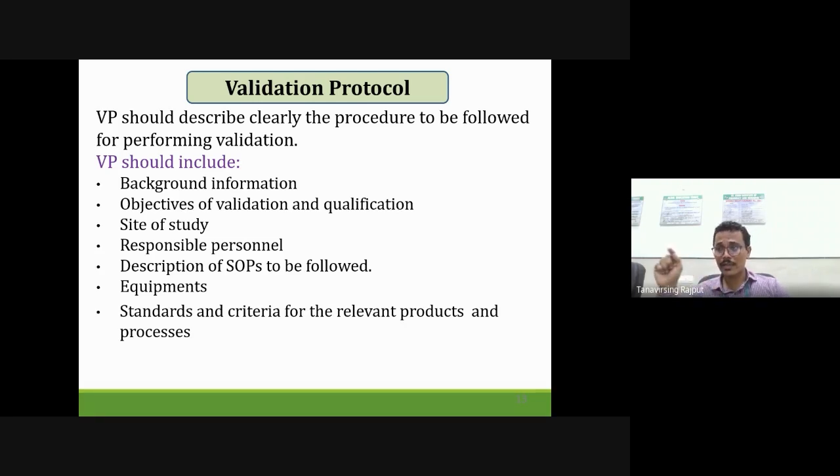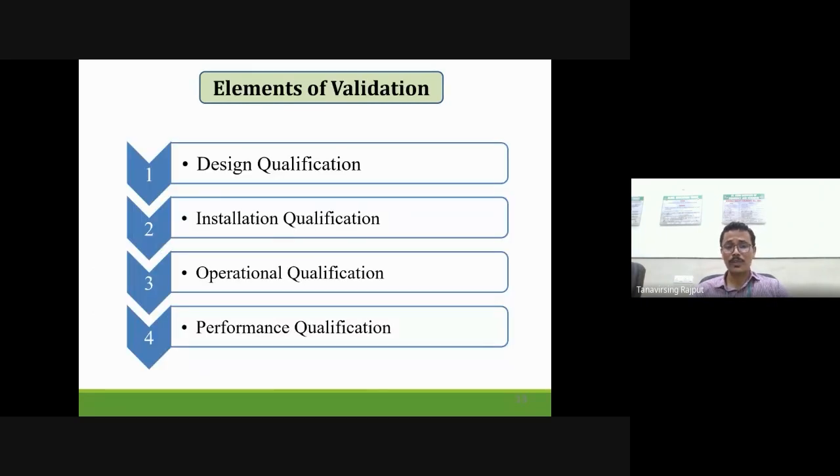So which are the standard limits or acceptance limits for concluding the output or results we get from that process. Then type of validation, and the last one is the frequency, when we go for that validation: after 3 months, 6 months, 12 months or 9 months. So this is nothing but the frequency.